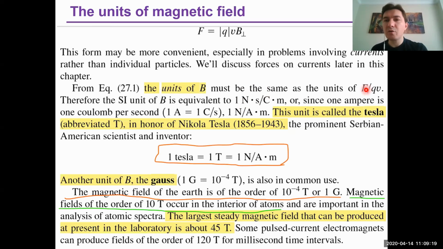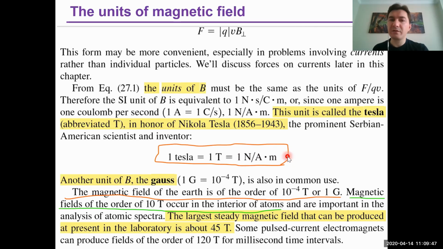Newton, right? What is the unit of charge? Coulomb, put it there. What is the unit of velocity in SI? Meter per second, right? So put them here. So what we have here, Coulomb per second, and we know that Coulomb per second is given by 1 ampere, and put it there.